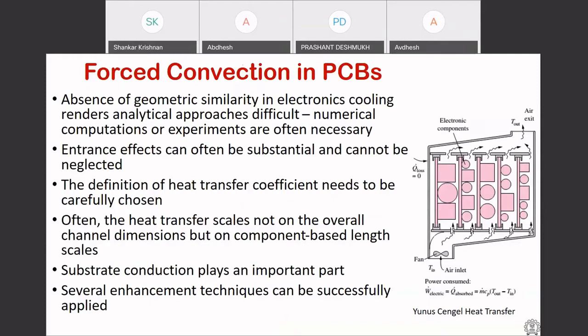That is, each board will have different components in them, and you will end up having to manage so many different length scales and geometric scales that offer no similarity from which one can derive and do some experiments and approaches. And the entrance effects and exit effects also become important because of the change in area.